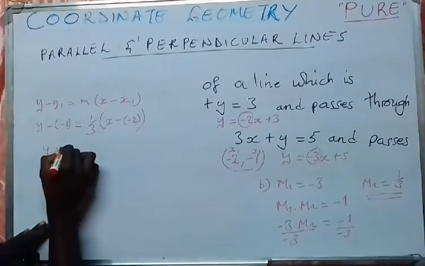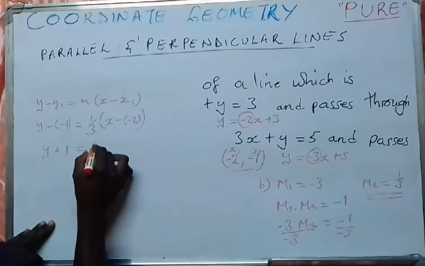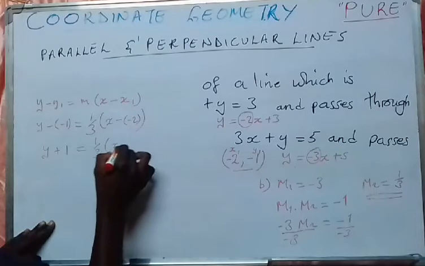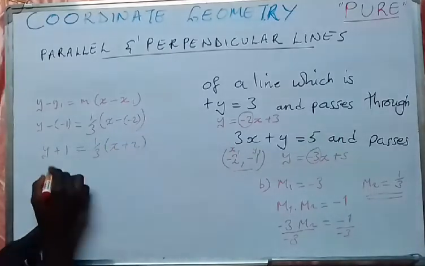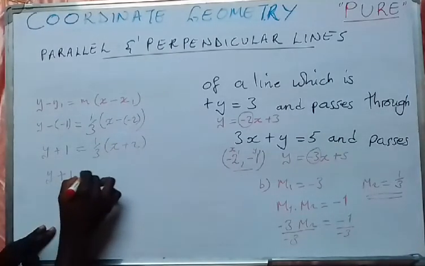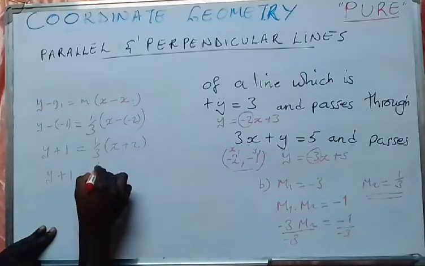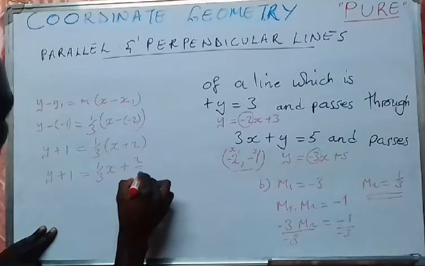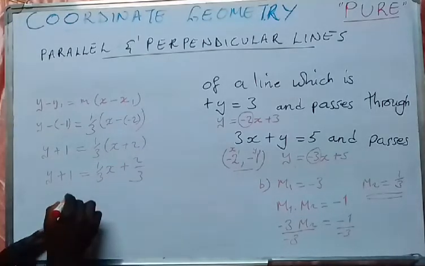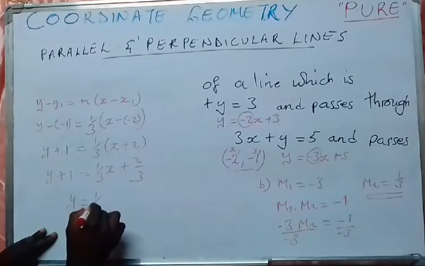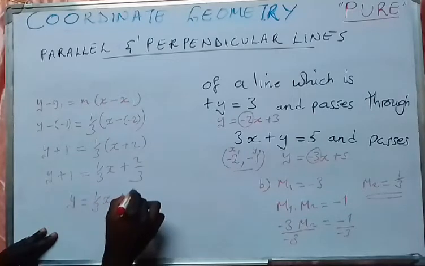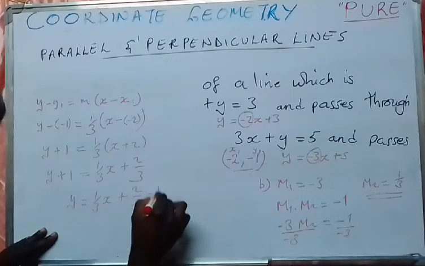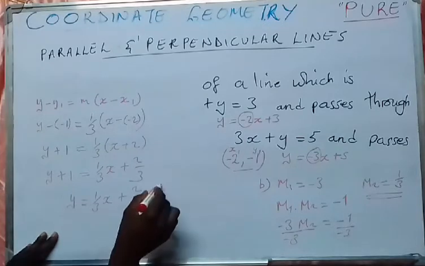Therefore, y plus 1 equals 1 over 3, open bracket x plus 2. So y plus 1 equals 1 over 3 x plus 2 over 3. After doing this, y is equal to 1 over 3 x plus 2 over 3 minus 1, where the whole number is over 1.